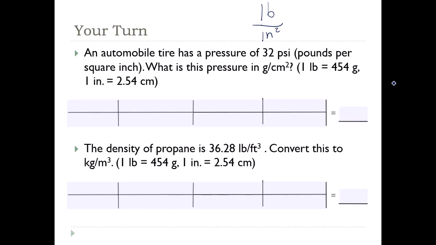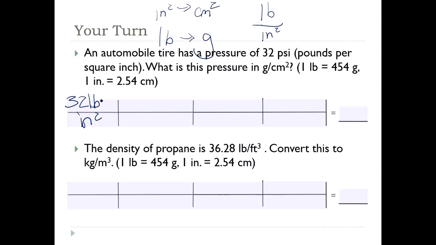Okay, so I would write this as 32 pounds per square inch. So I essentially want to go from pounds, unit of mass, to grams, and then I want to go from inches squared to centimeters squared.